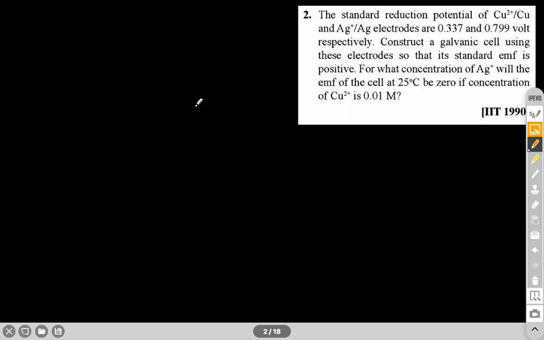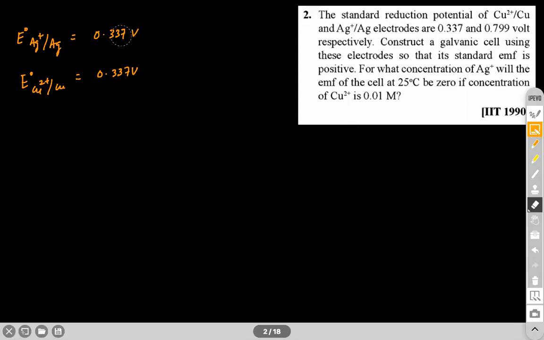First of all, the standard reduction potential is given. So the E naught value of Ag+ to Ag is given as 0.799 volt. The E naught value for Cu2+ to Cu is 0.337 volt.